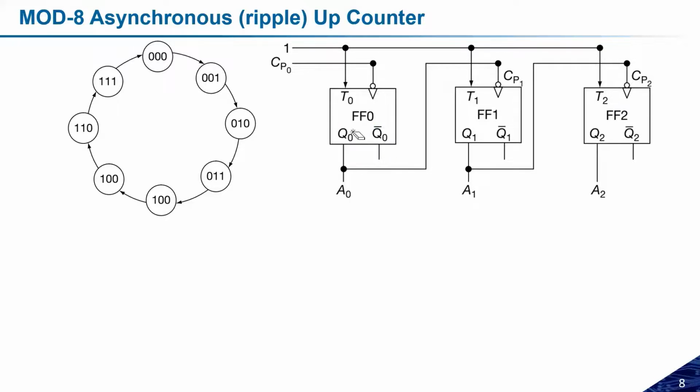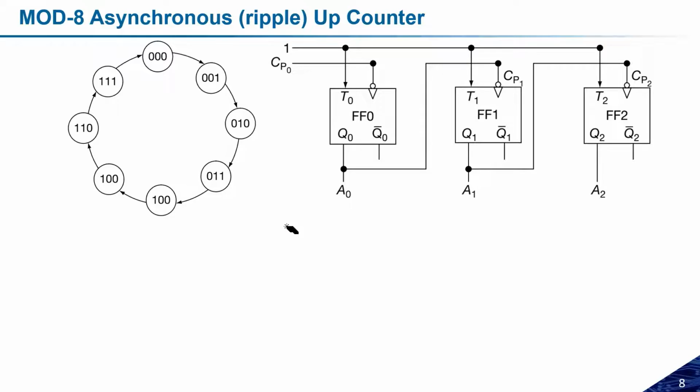This is the simple structure. Similarly, if I have to design a mode 16 counter, I will have one more flip-flop after FF2, and A2 will be connected to the clock of the fourth flip-flop, and this is how we can increase the mode.